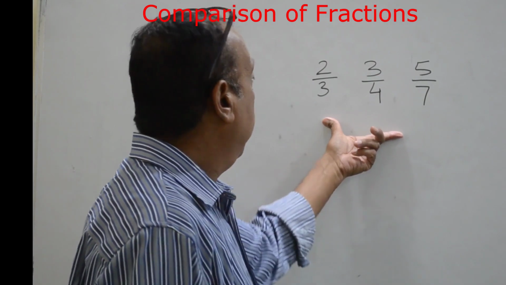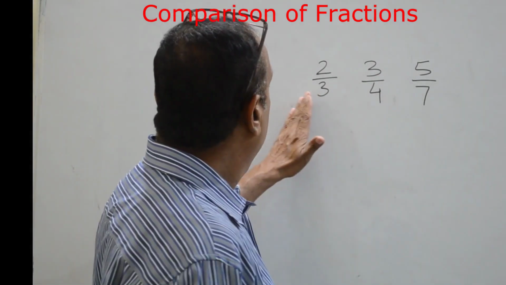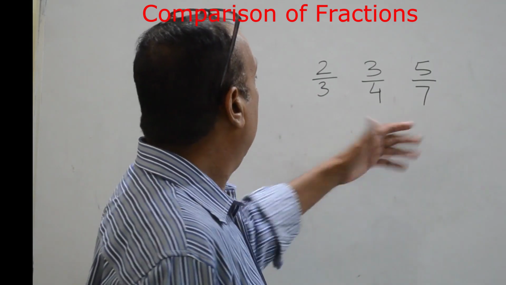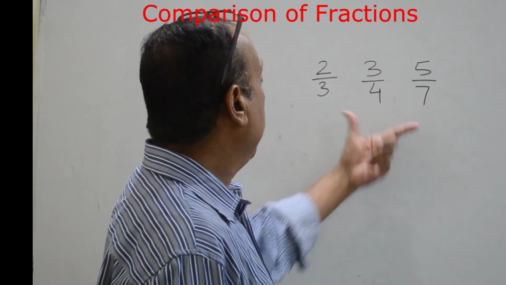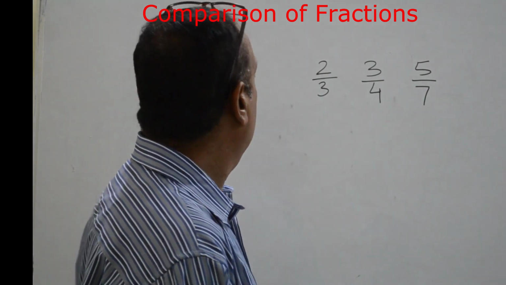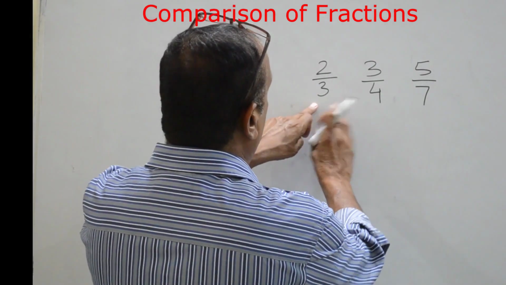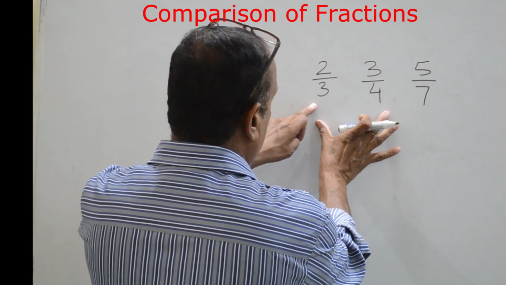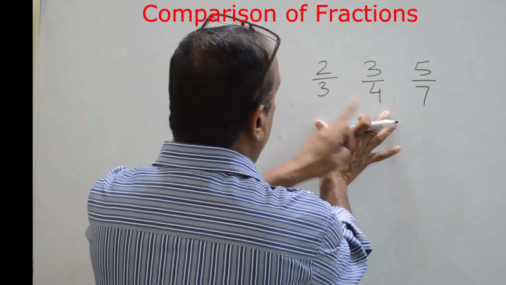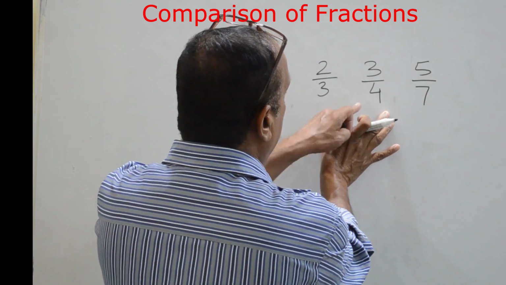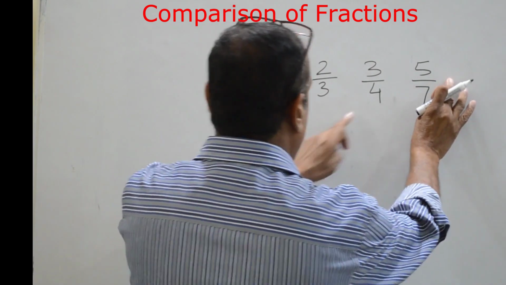Here we want to compare three fractions and find out which one of these three is the biggest. So we will compare two at a time and find out which one is bigger, and whichever is bigger will be compared with the third.